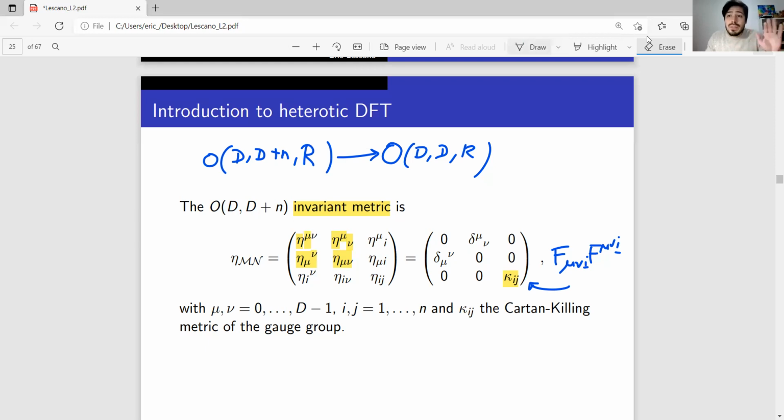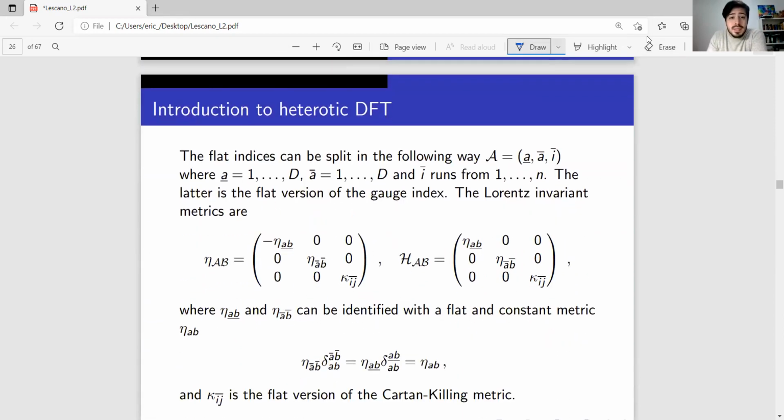All our DFT objects, all our DFT vectors and parameters, in some sense, contain the supergravity objects. This is kind of philosophy one, a rewriting of the supergravity. And of course, the flat indices contain the flat indices from the supergravity perspective and a flat index for the gauge. This is the flat version of the Cartan-Killing metric. Again, all these objects, all these matrices, are constant.